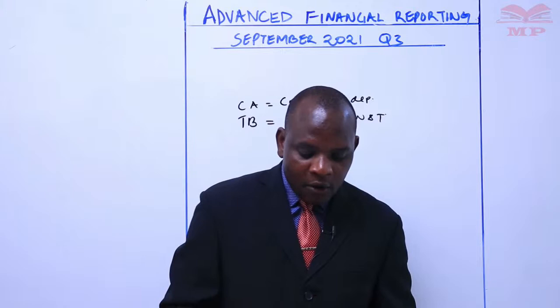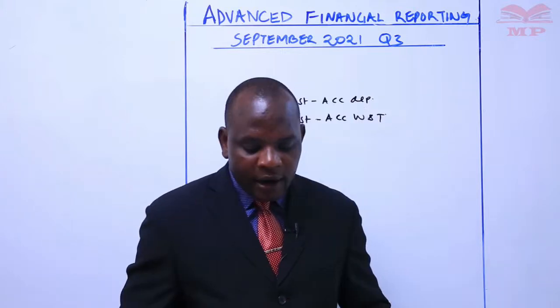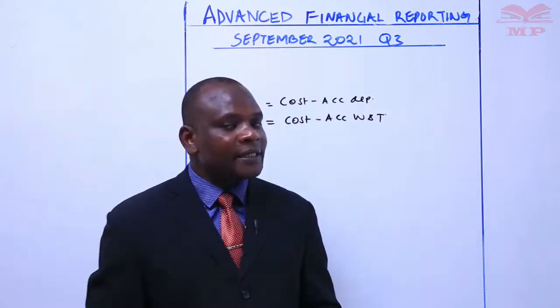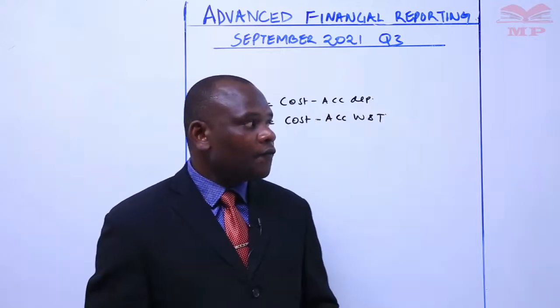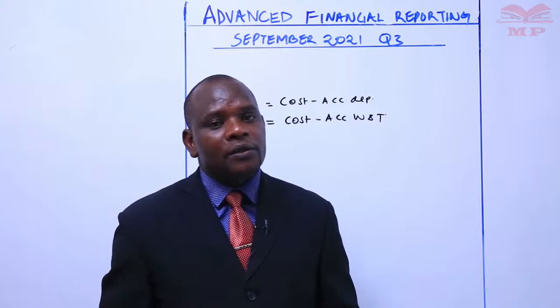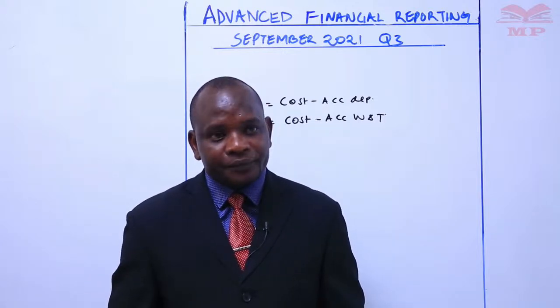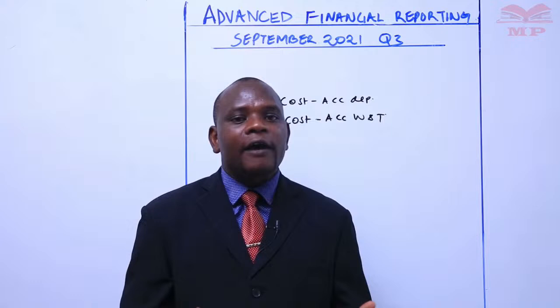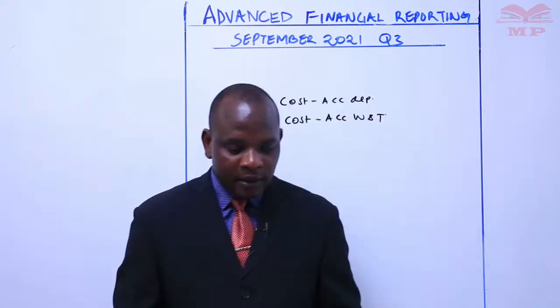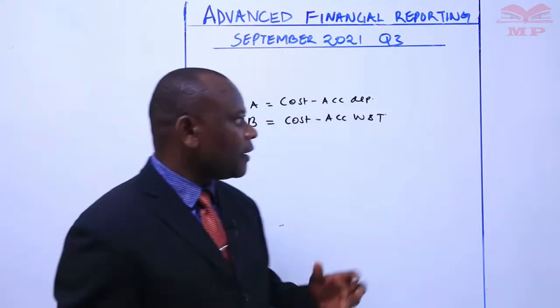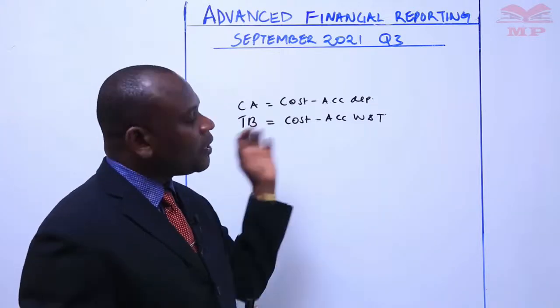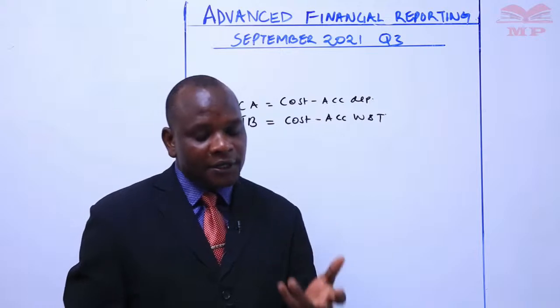Now, permanent differences occur when certain items of revenue and expenses are excluded from the computation of taxable profit and therefore could be disallowed, such as fines, entertainment cost, and political donations.